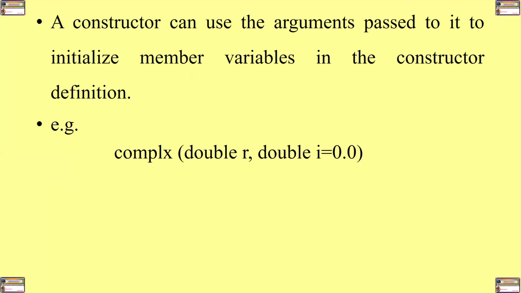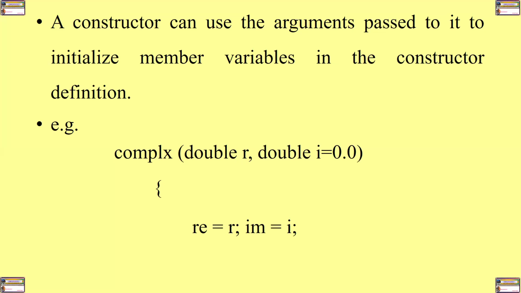For example, you can have a method called Complex, and this Complex is receiving two parameters. One parameter is R, which is of type double, and the other parameter is I, which is being initialized to 0.0. And then what does this function do?